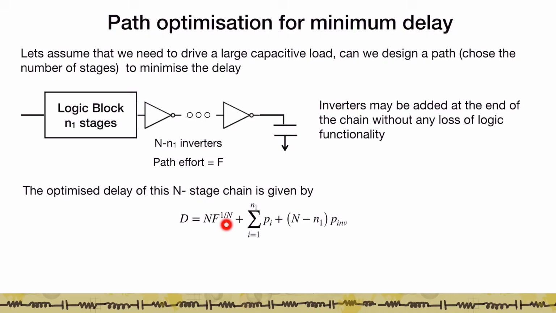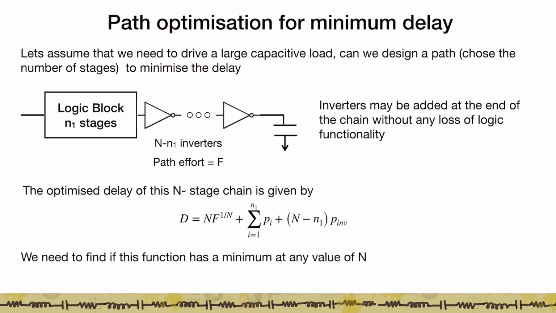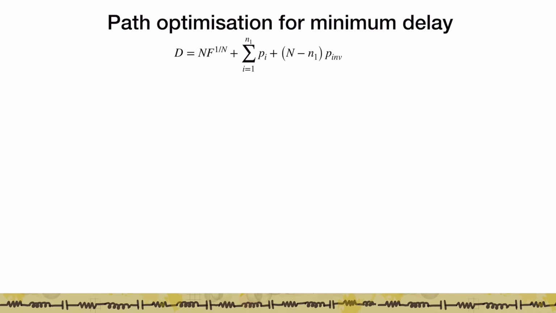So even though this is optimized, there is an increase in the delay because of the parasitic delays associated with every stage. So now what we need to do is we need to see if this function that is given here has a minimum at any given value of n. So is there a capital N here which minimizes this function? So let's take a look at this function and differentiate with respect to n and set the first differential to 0.